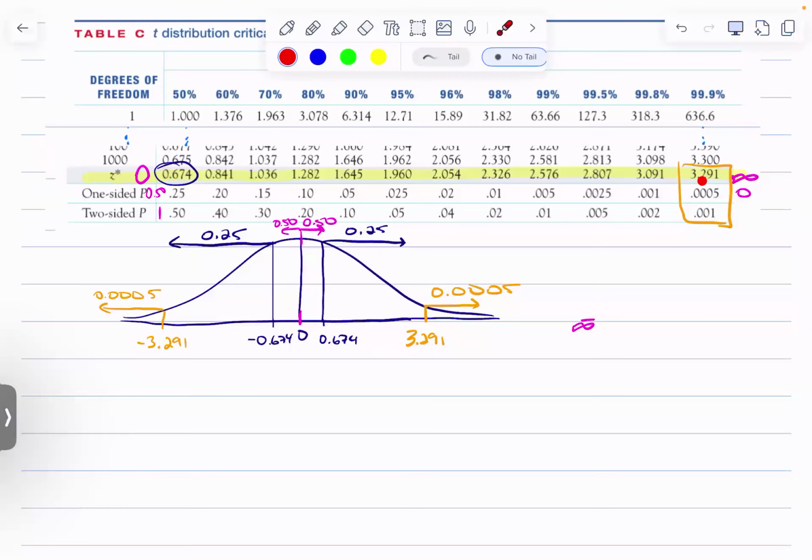Anything past 3.291 up to infinity, we're just going to say the area in the tail is less than 0.0005, but greater than 0, if you want to have an end cap. Even multiplying this 0 by 2, we still have an area of 0, because out here at negative infinity we also have 0 area in the tail past that.